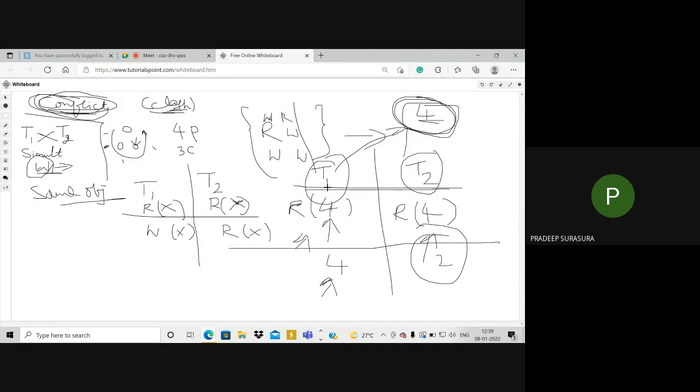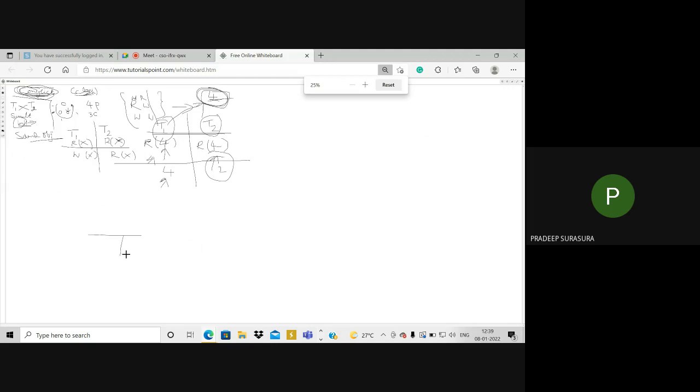Imagine both simultaneously read the value, they have seen that 4 is the availability. Let me write here T1 and T2. The availability was 4. Both do read of x, which is 4, so both have the same value.